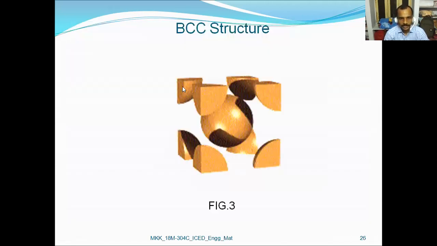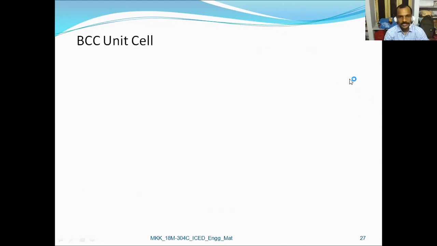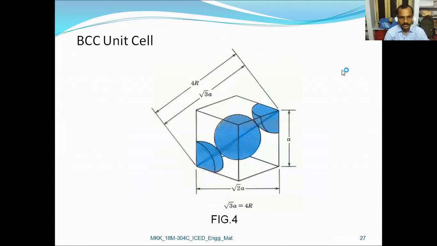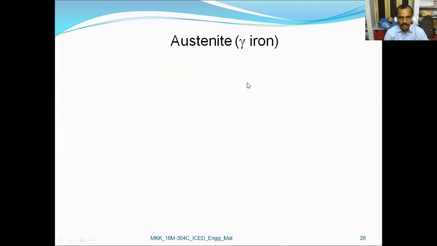So this is a BCC structure having 4 ends at the top, again the bottom 4 ends and the centered atom. So BCC unit cell, what is a unit cell? Here this is a unit cell.